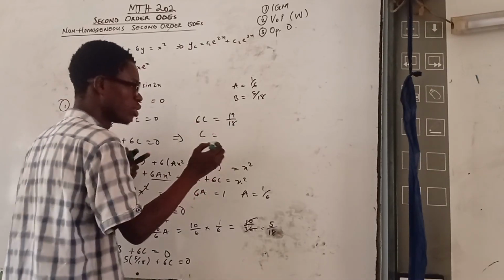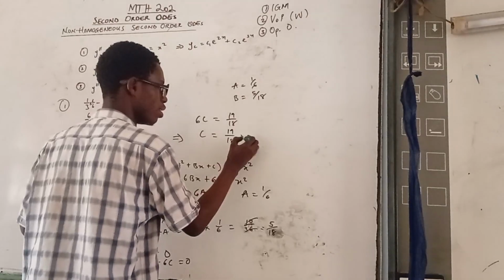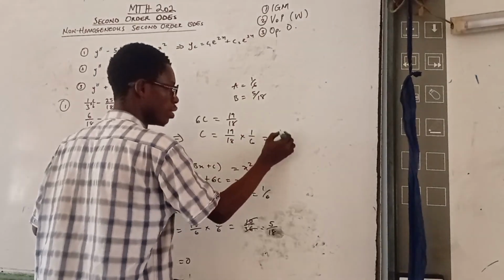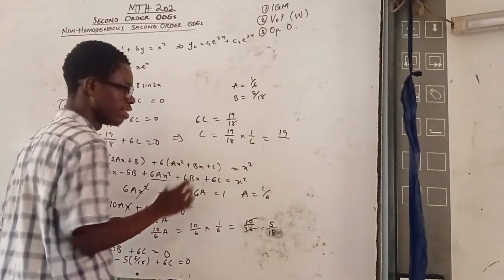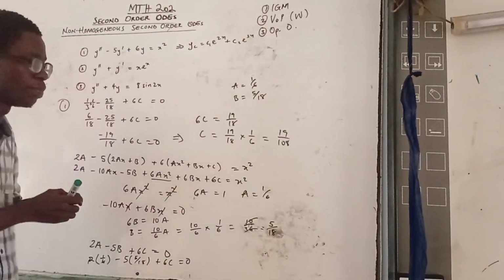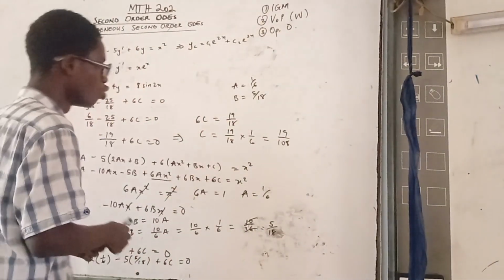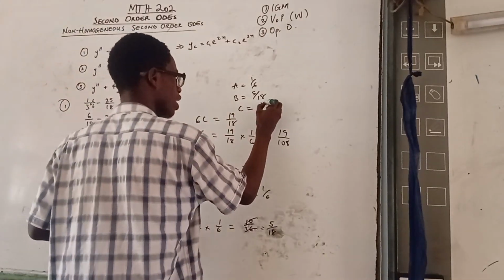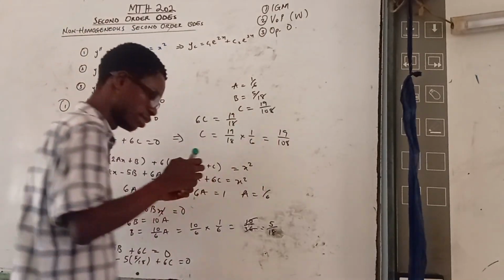C equals, I divide both sides by 6, 19 over 18 times 1 over 6, which equals 19 over 108. 19 is a prime number, it cannot go into 108. So my c equals 19 over 108.